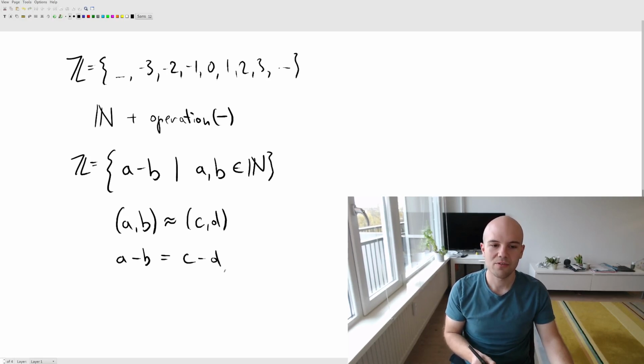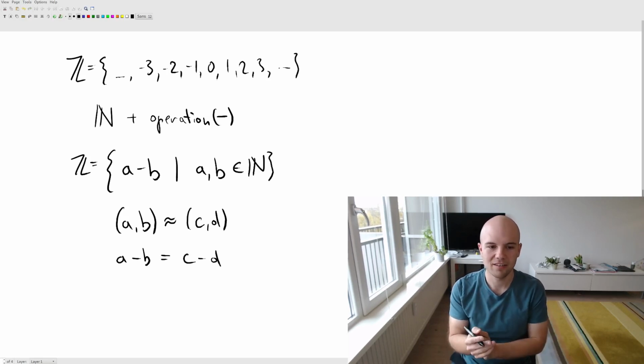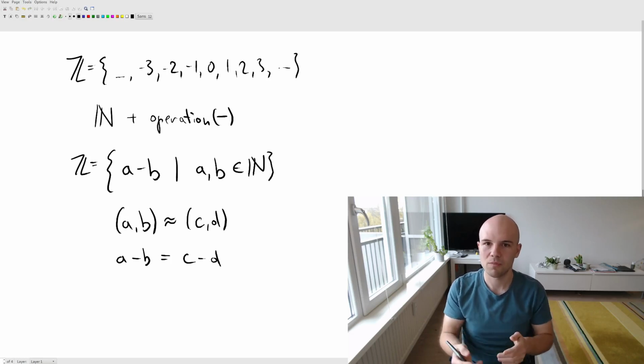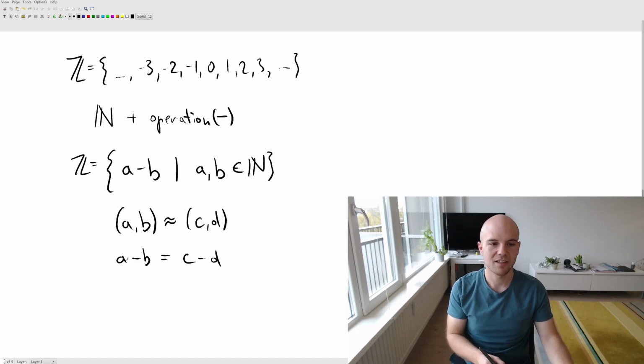However, we do not have minus yet, so we need to express this equivalence in terms of operations that we already have. If we add b plus d to both sides, we can transform this into something using just addition. Then we get a plus d equals c plus b.